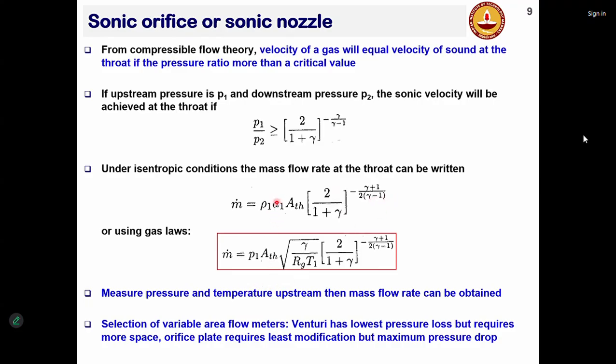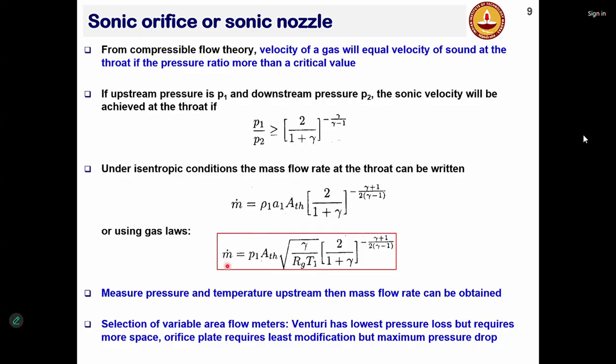Now this velocity of sound can be written as square root of gamma over R into T. This is again from gas dynamics, that velocity of sound is square root of Cp by Cv divided by the gas constant into temperature. So now for a compressible fluid, you have this expression for the mass flow rate.